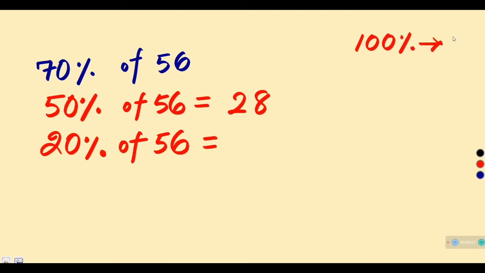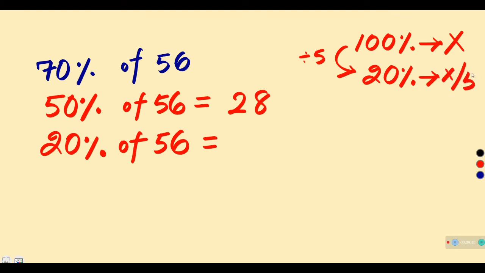Let's say the number is x. Then what will be 20%? How do you get 20 from 100? By dividing it by 5. So divide this number x by 5 too. So we will have x by 5. This means we have to divide the original number by 5.